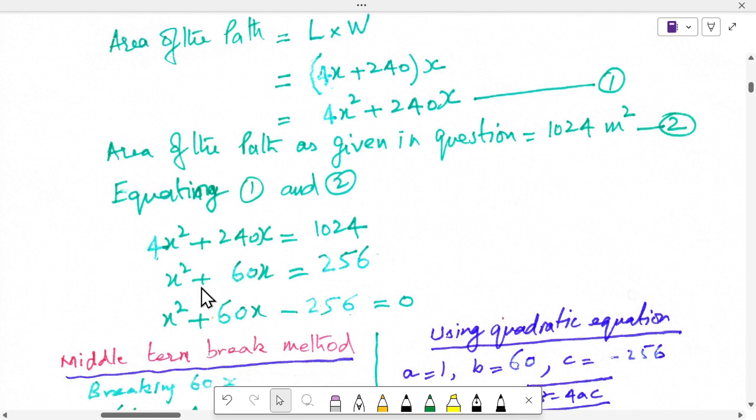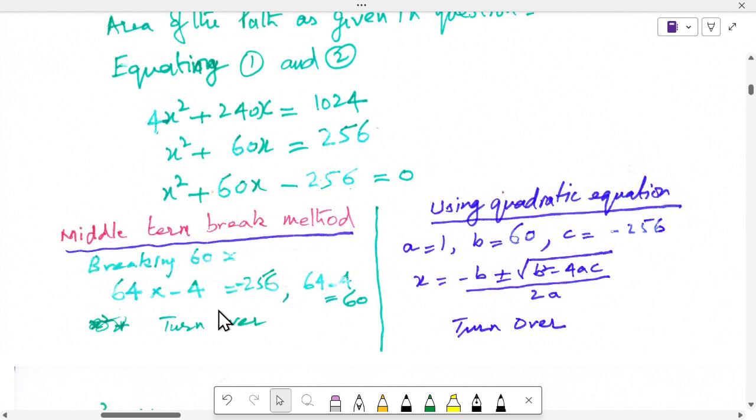Taking 4 common or dividing this by 4, we are left with x square plus 60x equal to 256. This is now a quadratic equation. So taking 256 on the other side of the equals sign, it becomes minus 256. Now we can apply either the middle term break method or the quadratic formula.